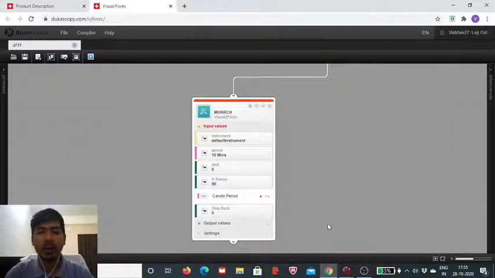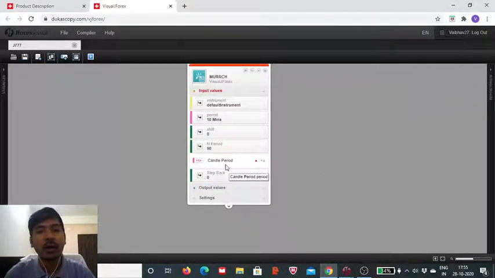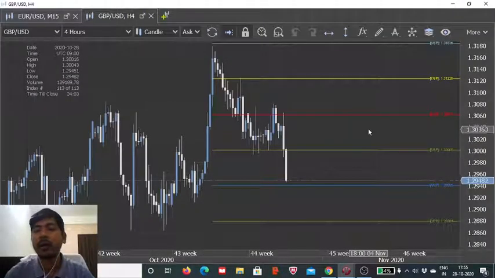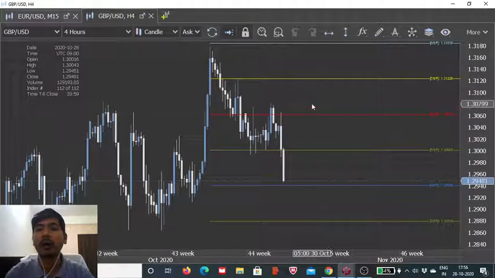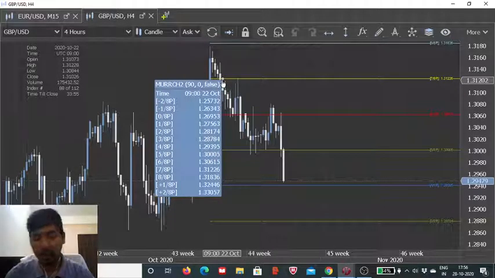Now one more input parameter of due importance is candle period. We are taking this channel formation as per the candle period defined on the chart, but you can customize it if you want a particular time period to be your candle period.